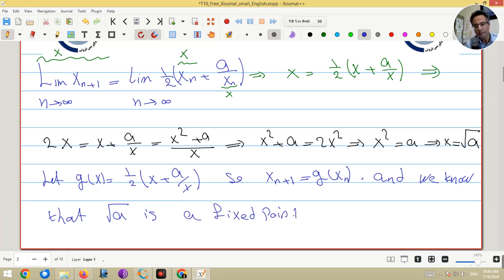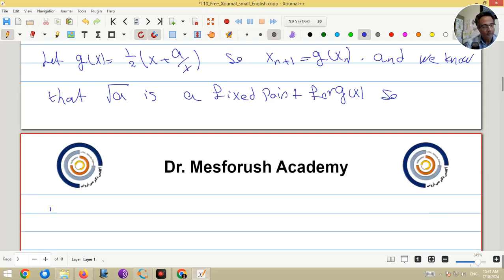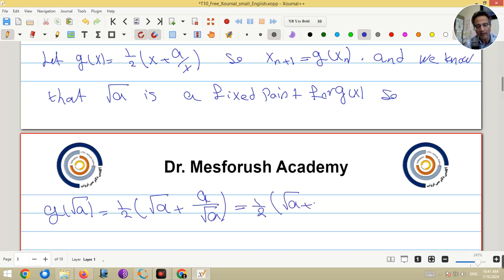So in fact we know that g(square root of a) is equal to 1/2 times (square root of a + a over square root of a), and this is 1/2 times (square root of a + square root of a), and this is the square root of a.